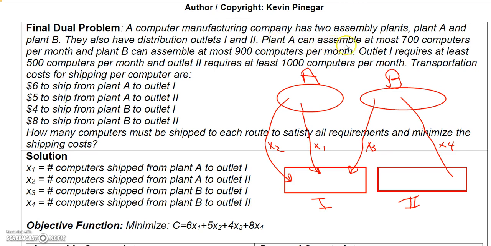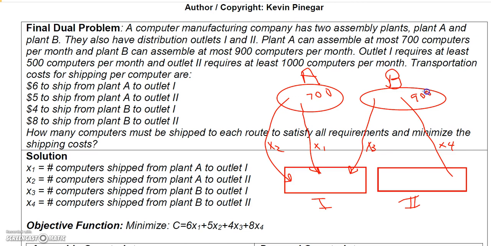Plant A can assemble at most 700 computers per month, and Plant B can assemble at most 900 computers per month. So you might want to make a note that the maximum Plant A can create is 700, and the maximum Plant B can create is 900.